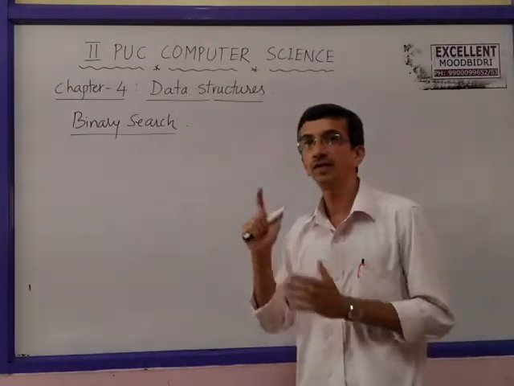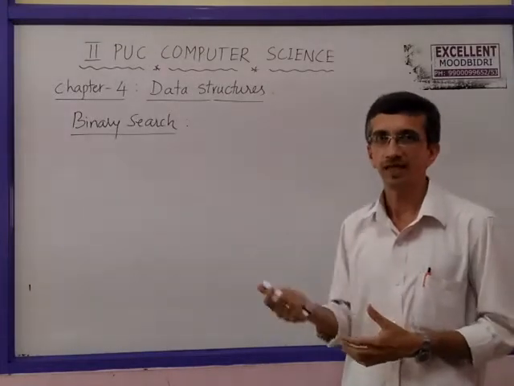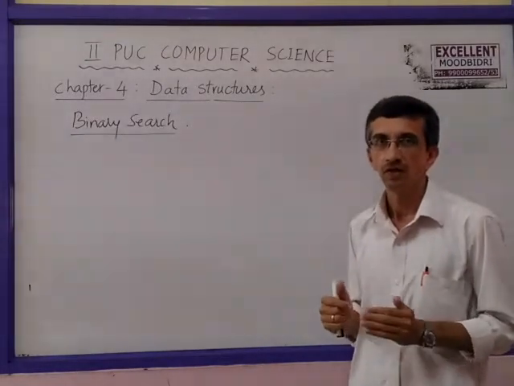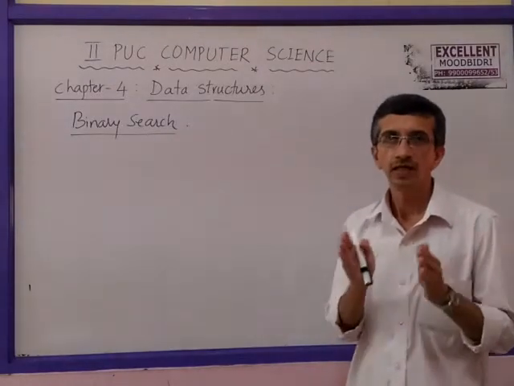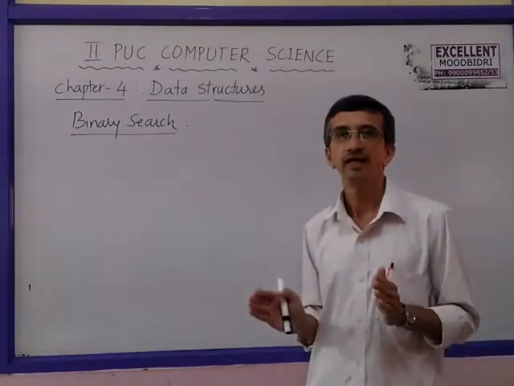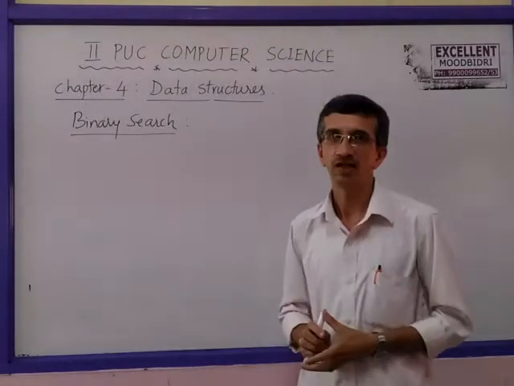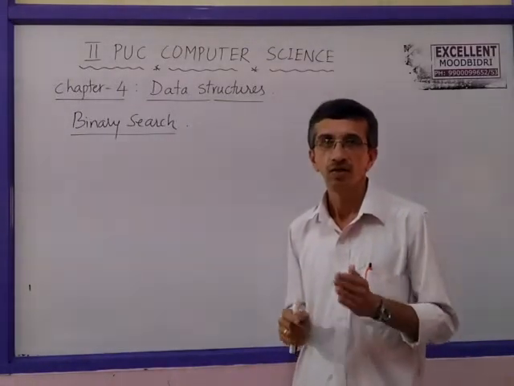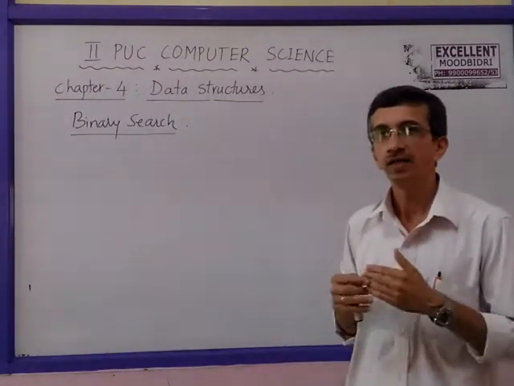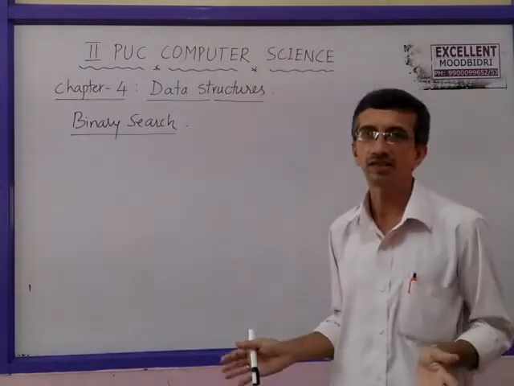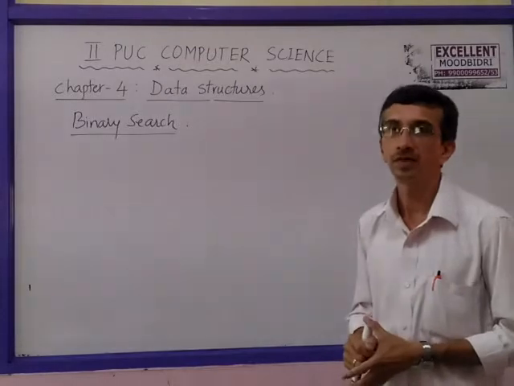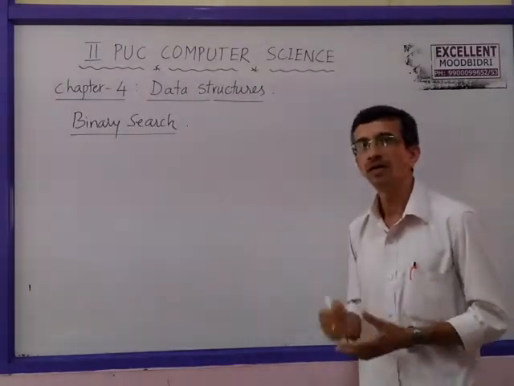So we search only in the second half. Thus, after each comparison, only 50% of the array items will be available for search, or in other words, half of the array items we don't search at all. So this reduces the time to search drastically. Thus binary search becomes more efficient compared to linear search.